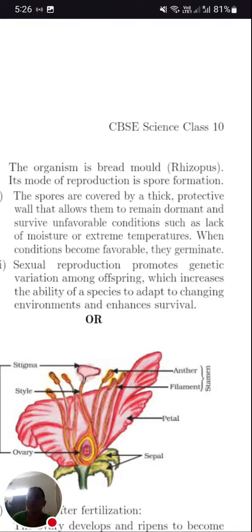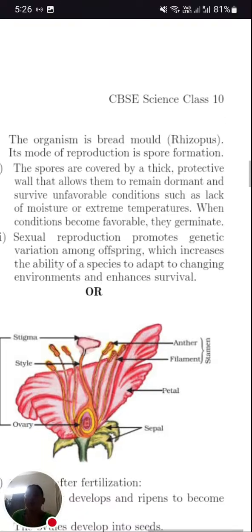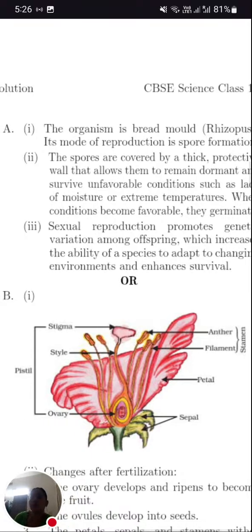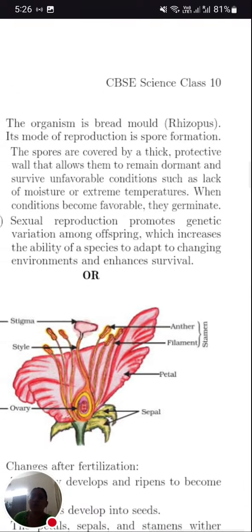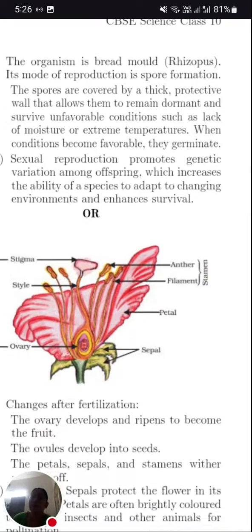The next question was, if you remember, the advantage of sexual reproduction. Sexual reproduction promotes genetic variation among offsprings. If you are unable to memorize the typical terms, you can make it a little simpler. But if you use the key terms, that will make your answer more effective.